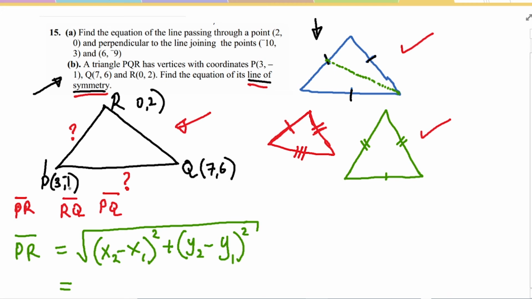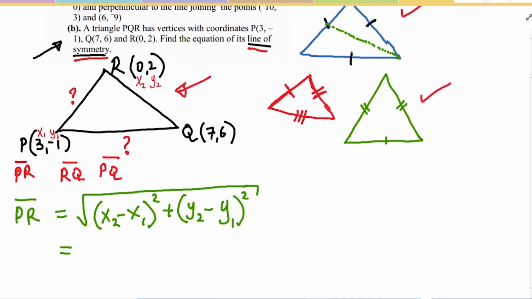This is -1, let's not make that mistake. So P is (3, -1), and then we have R, which is (0, 2). Let this become our x1, y1, and this is our x2, y2.